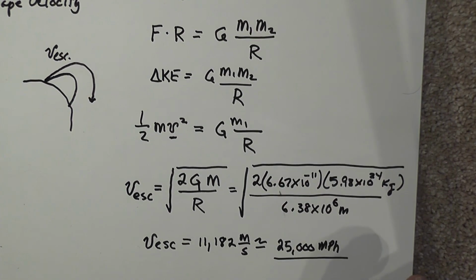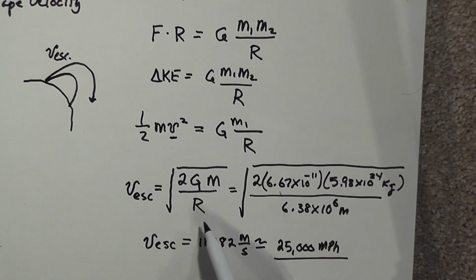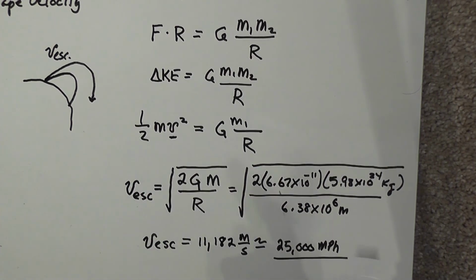So when we launch a rocket or a space shuttle, it has to reach this speed for it to reach space and to achieve an orbit around Earth. Okay, so this is how we derived the escape velocity equation from Newton's gravitational equation.